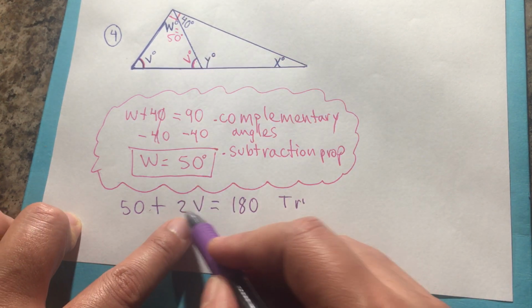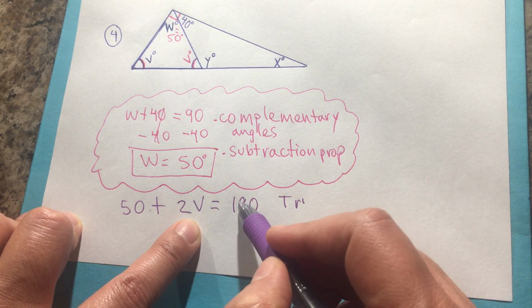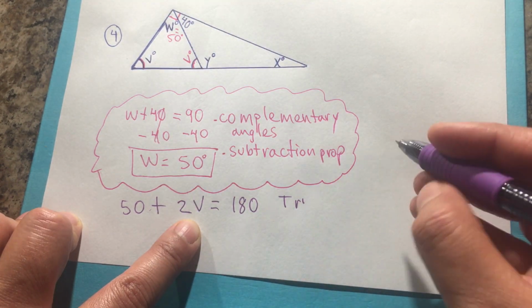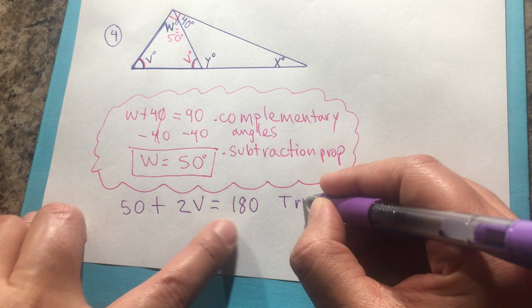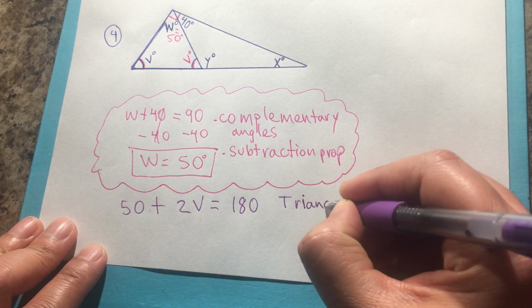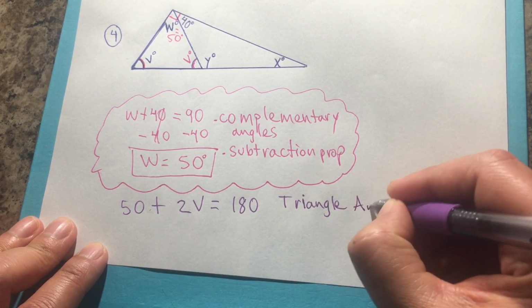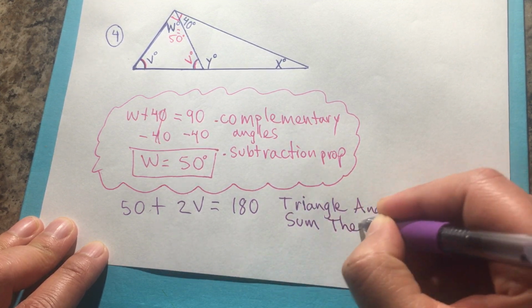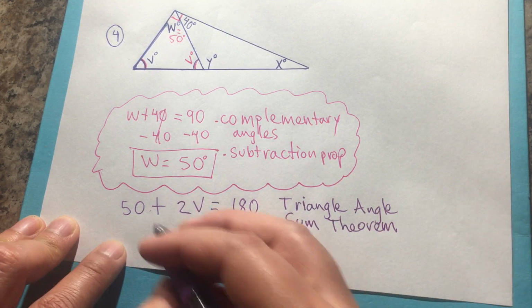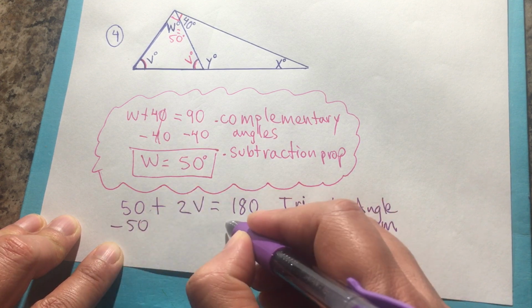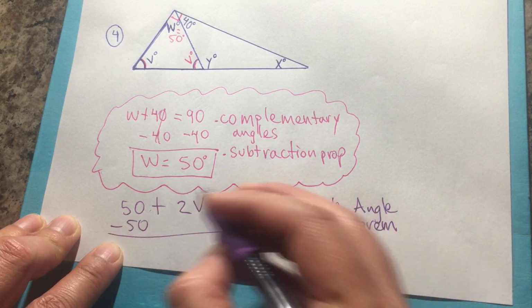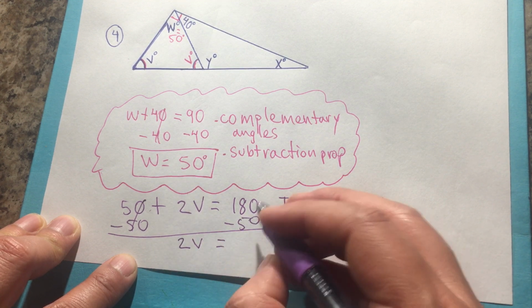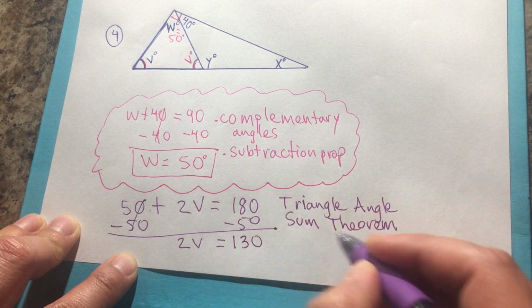V plus V is 2V equals 180. You're adding the three angles of the triangle, and that equals 180, because of the triangle angle sum theorem. You subtract 50 from both sides and you get 2V is equal to 130.